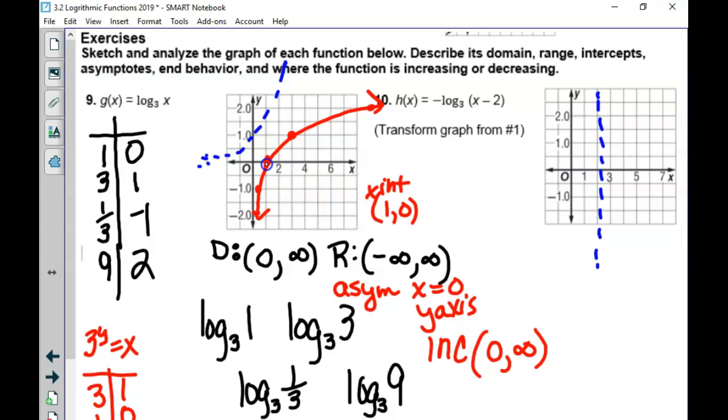Used to cross at 1. It's moved 2 to the right to here. But where it was going up 2 boxes and over 2, it's now going down. So it looks like this. And then we would do the graph analysis. All right.